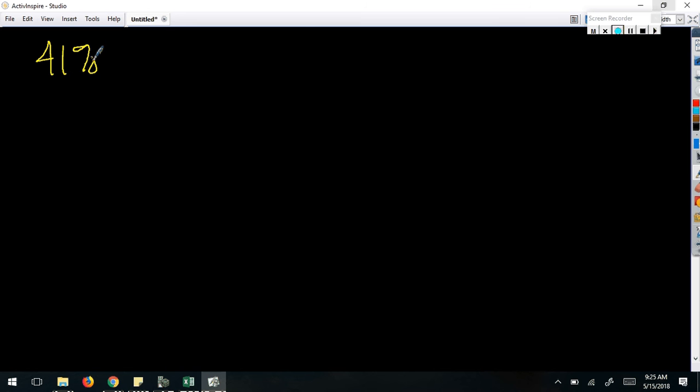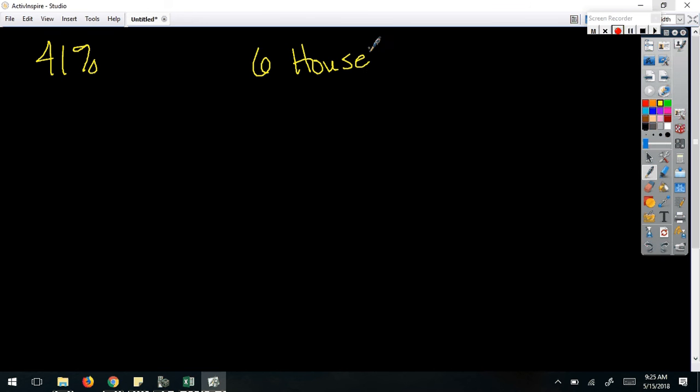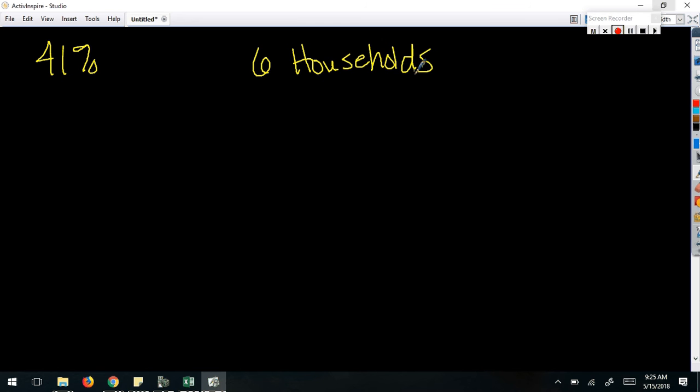You asked 6 randomly chosen households whether they have a soccer ball. Make a binomial probability distribution of the results, of what your chances and probabilities are.